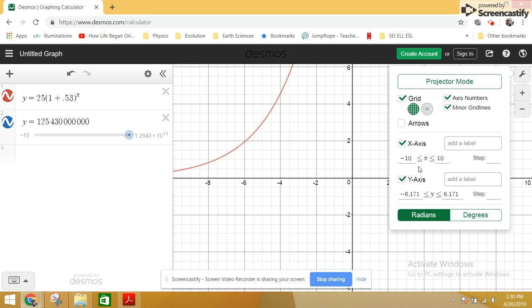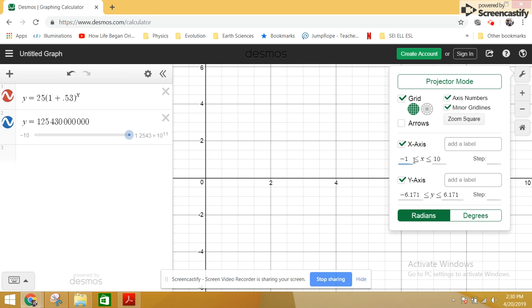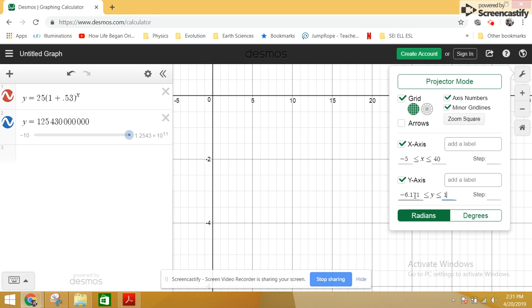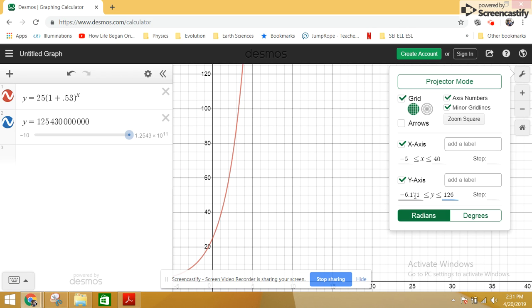I'll change my x-axis to -5 to 40. I'm going to change my y-axis. I'll leave it at -6 point blah, blah, blah. I'm going to change it to 126.